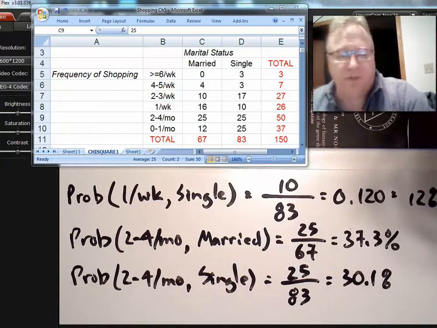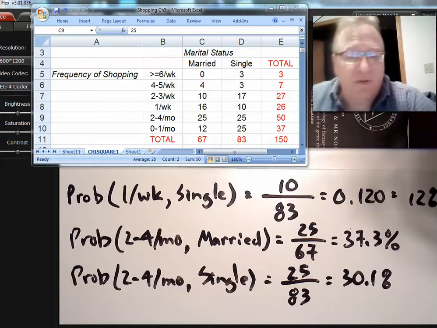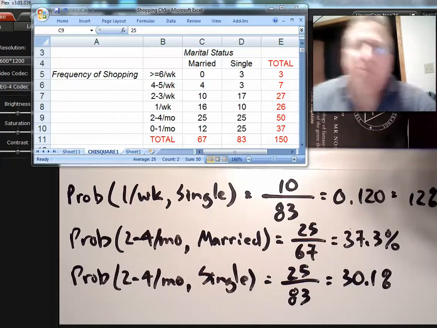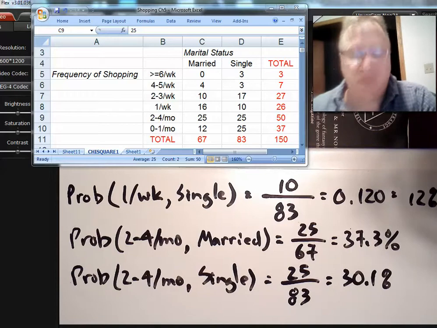So who goes to the mall 2 to 4 times per month more? Married or single people? Well, now we know. It's the married people.